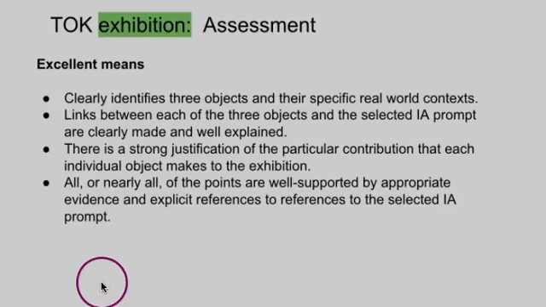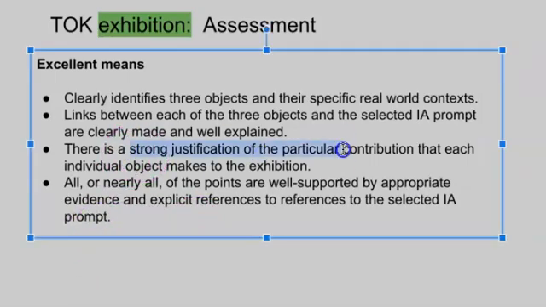Okay, so let's take a look now at how you're going to be assessed. I've just pulled this out of the actual rubric. Excellent means that you clearly identify the 3 objects and their specific real world contexts. I've already been talking about that. There must be clear links between the 3 objects and the prompt. So this is what the examiners, the markers, are going to be looking for. There's a strong justification.